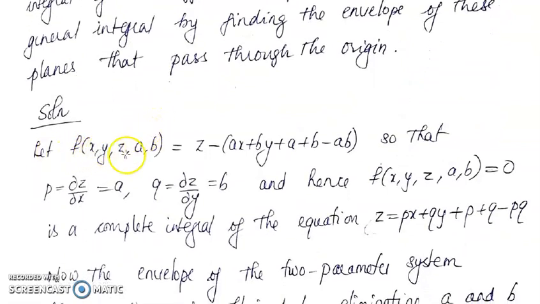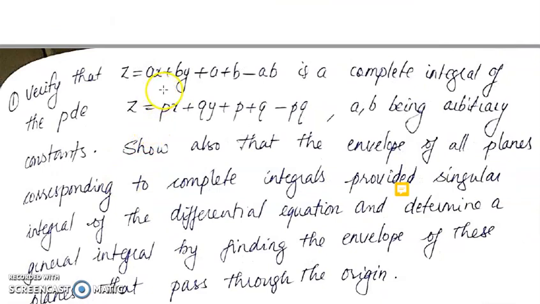So f of x y z a b is z minus ax plus by plus a plus b minus ab. When you find p, ∂z/∂x is going to be equal to a, and ∂z/∂y is equal to b.